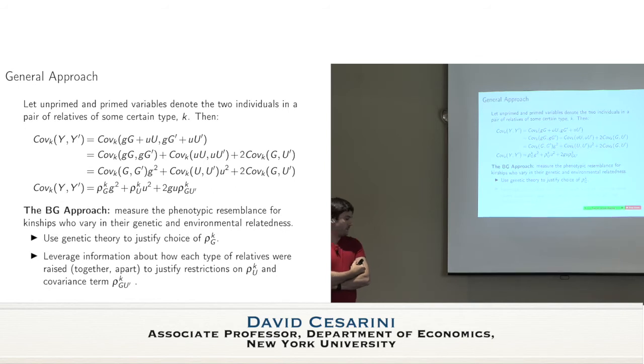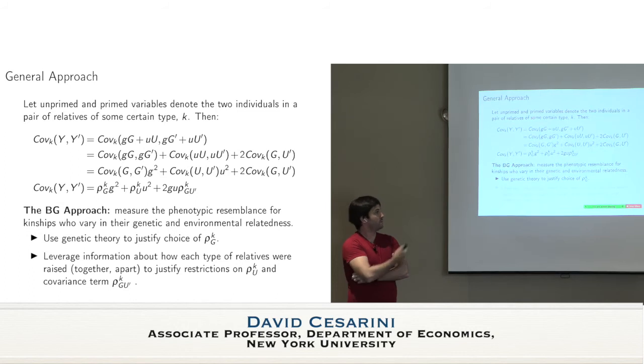Let's identify different types of relatives, different kinships indexed by K here, and let's calculate the phenotypic covariance between individual 1 and individual 2 in some pair, and the order is arbitrary. Under some assumptions that covariance, you can write it as a genetic correlation times G squared, where G squared is the variance in this genetic factor.